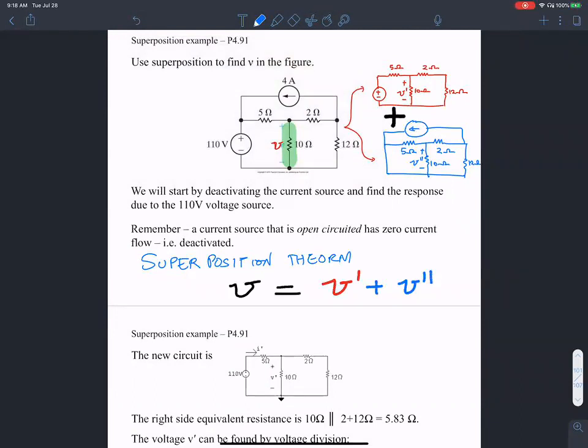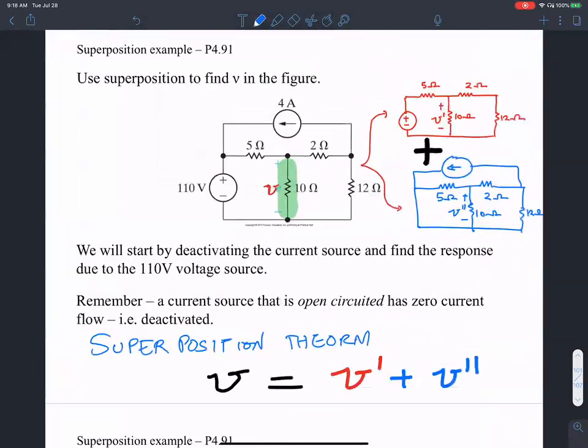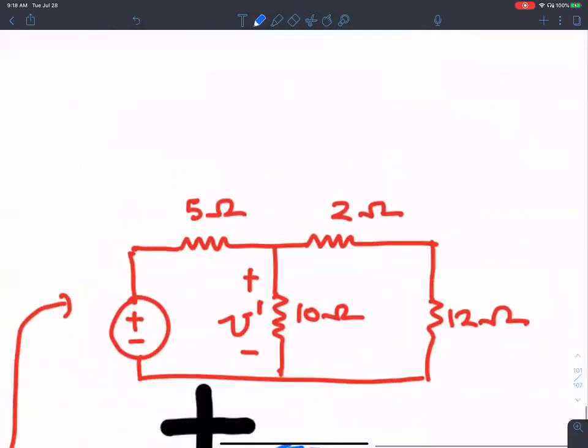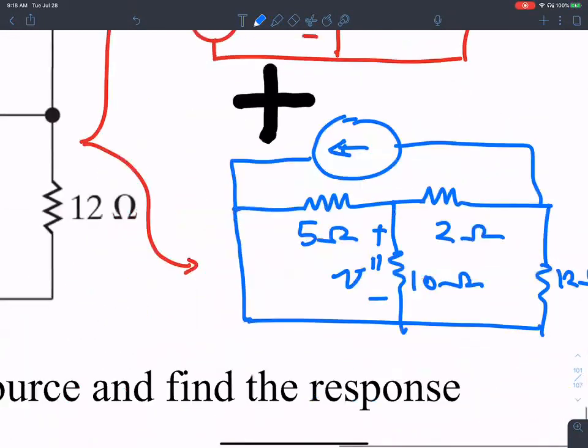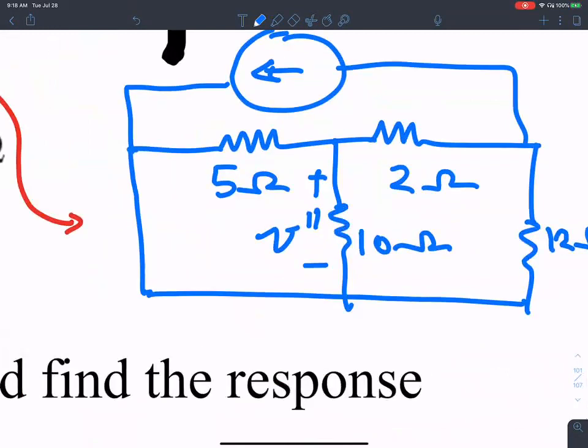If I go back to the circuit over here, analyzing it is really straightforward, isn't it? It's just one voltage source and a bunch of resistors. I can use voltage division carefully to do that. Here, finding the voltage across this 10 ohm resistance, V double dash, is also easy because there's only one source and a bunch of resistors.